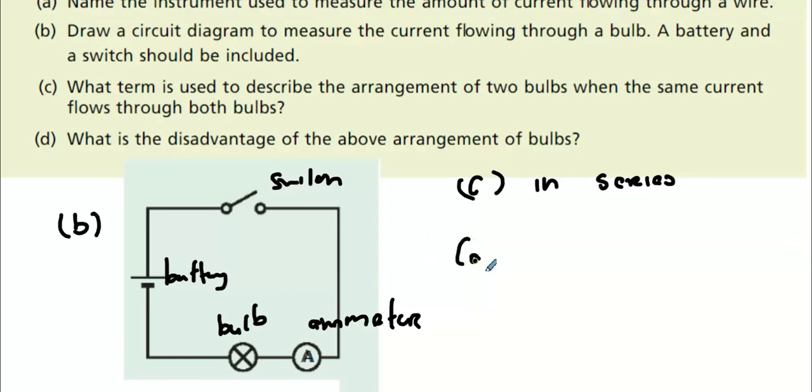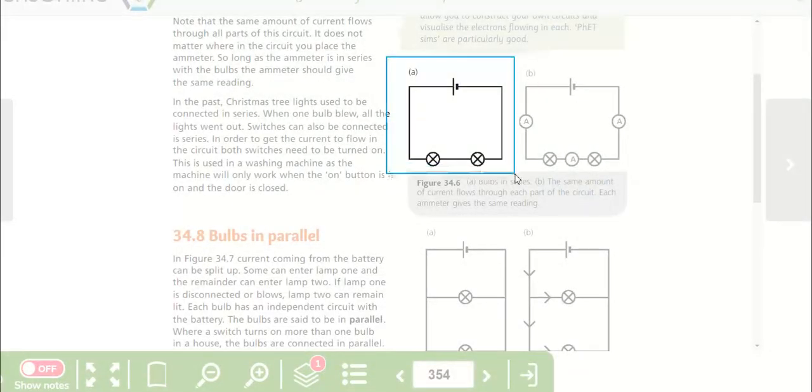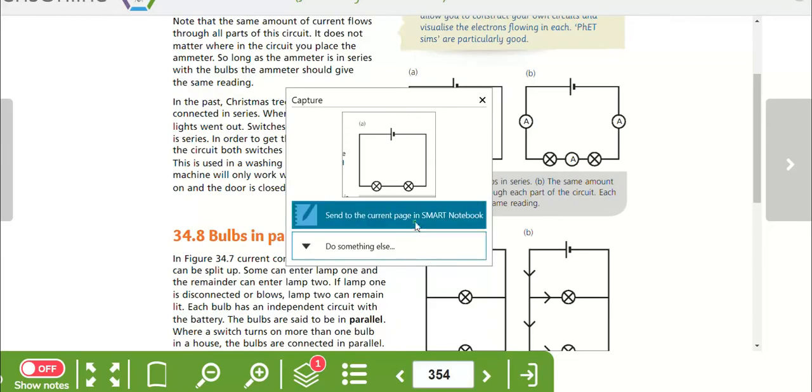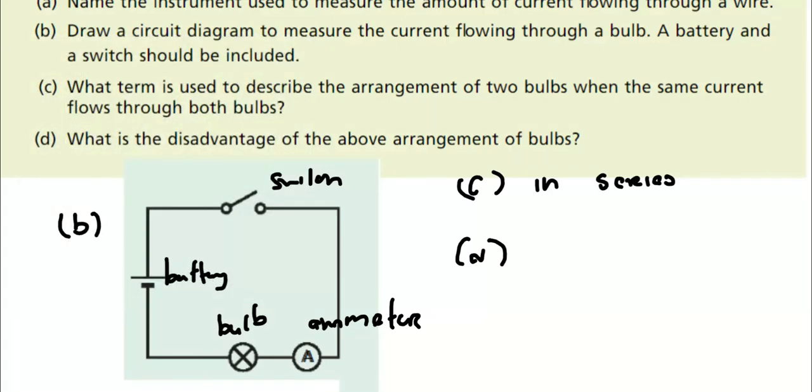Well, if we take a picture of the series circuit, if one of the bulbs blows, the full circuit blows as well. So it's all about whether you can get around the circuit or not. So if I cut off one of the bulbs like this, it means electrons can't get through anymore. So it stops. So if one bulb blows, they all go out. Okay, so that's a disadvantage of a series circuit.